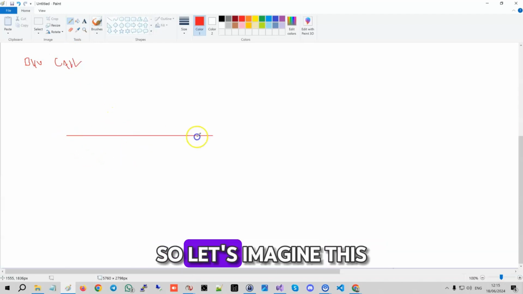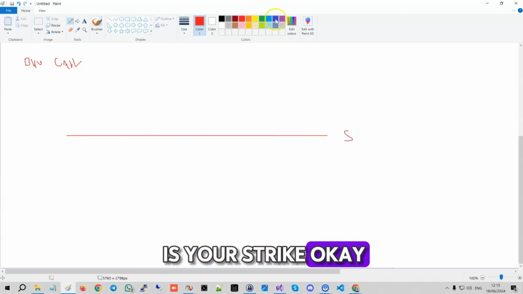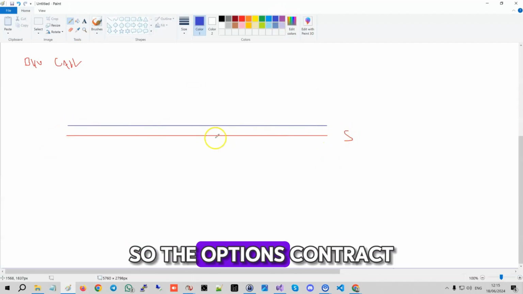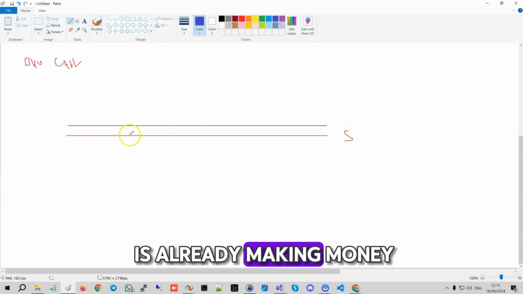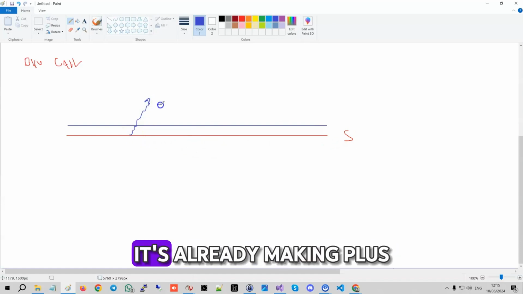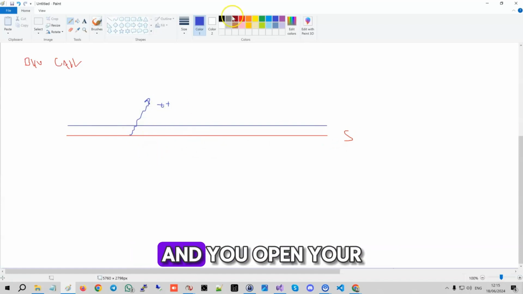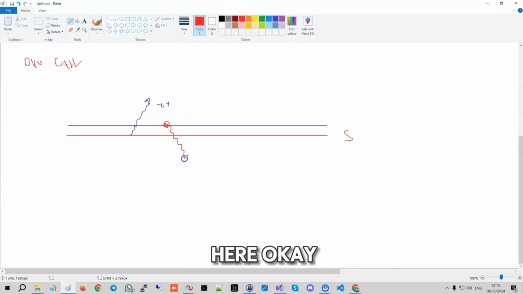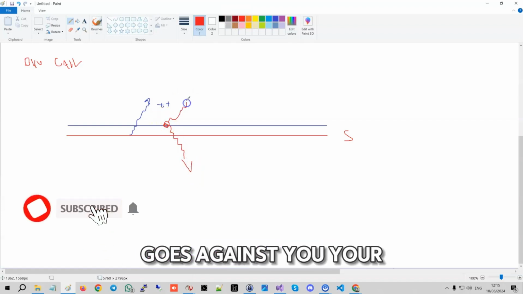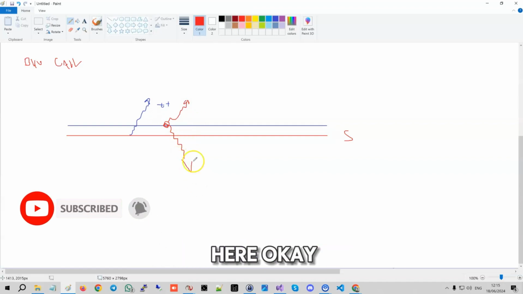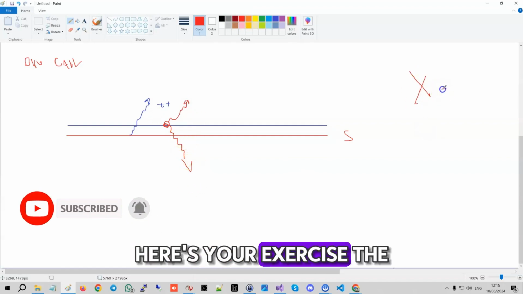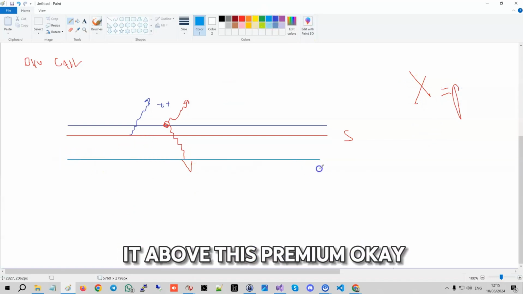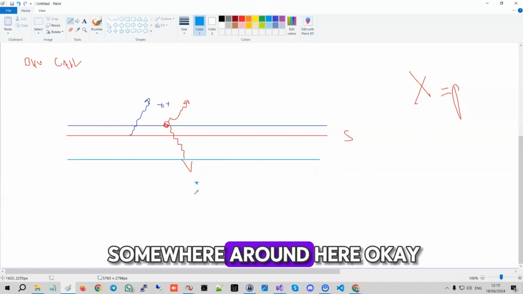Let's imagine this is your strike and this is your current price, so the options contract is already making money. It's in the money. You open your short futures right here, and if it goes against you, you're hedged. If it goes here, here's your X size, the premium, so you've got to make it above this premium, to a profit target somewhere around here.